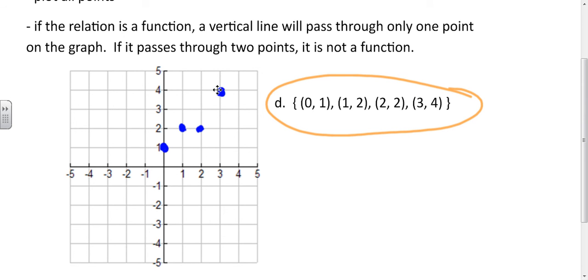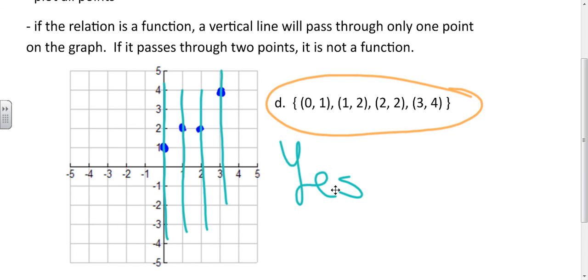These are all my points here. If I try to draw a vertical line through these points, I'm going to see that it only goes through one point on my graph. So yes, this is a function because it passes the vertical line test.